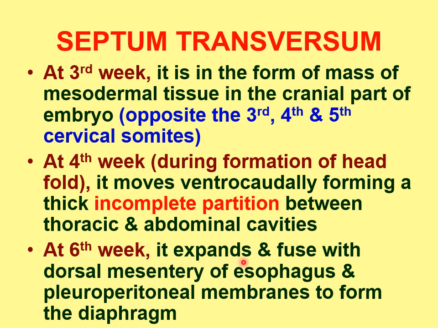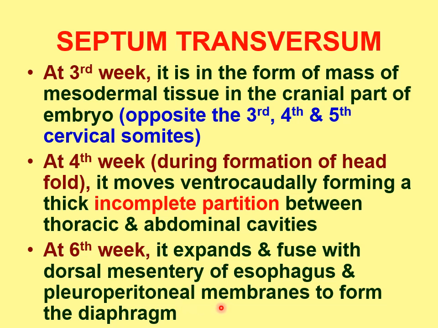Then at the 6th week, this is going to expand and grow fast, and it fuses with the dorsal mesentery of esophagus and pleuroperitoneal membrane to complete that partition as a complete structure of a diaphragm.